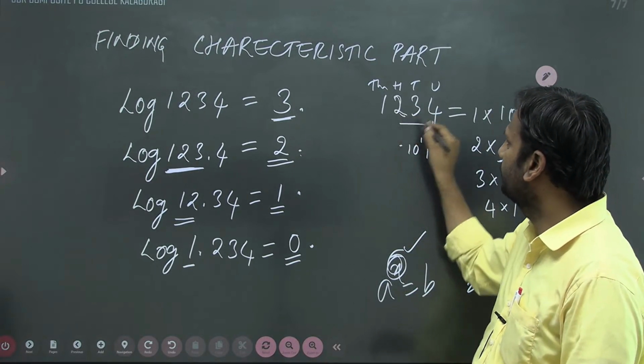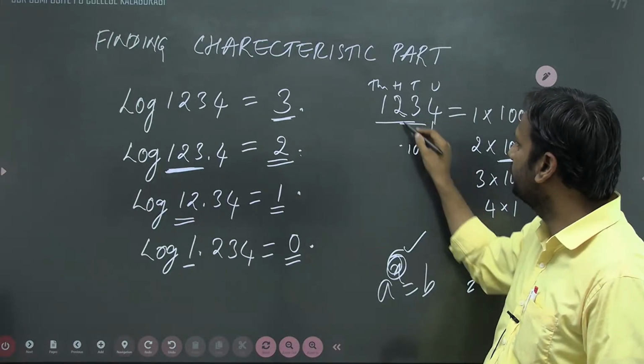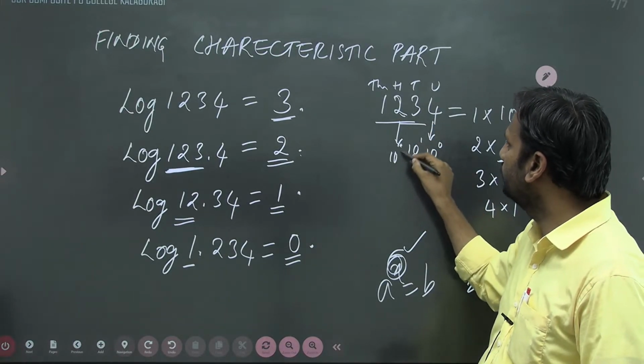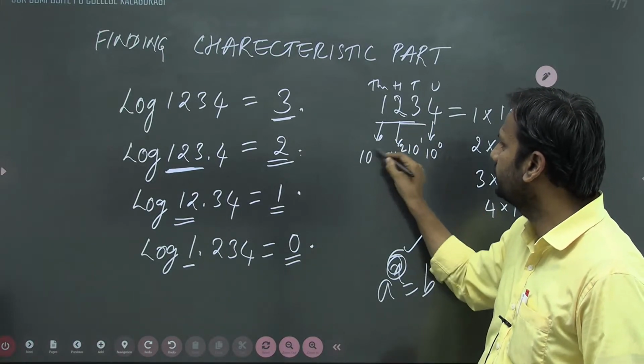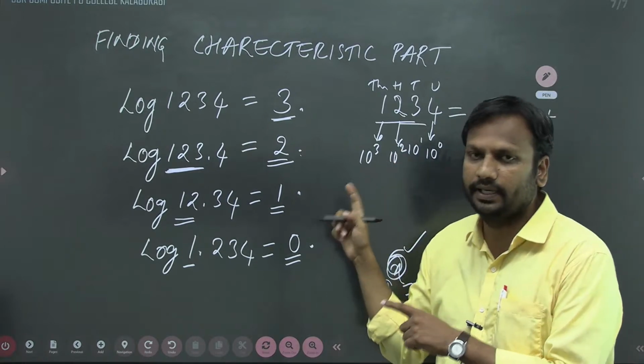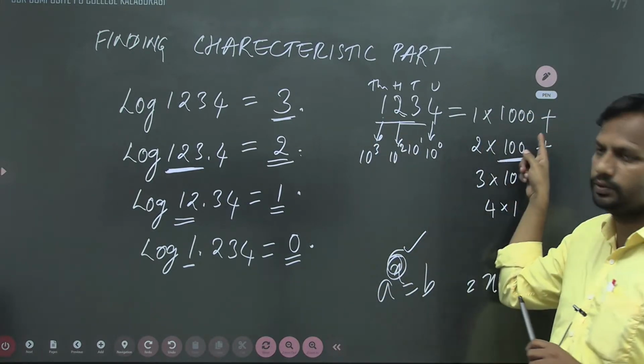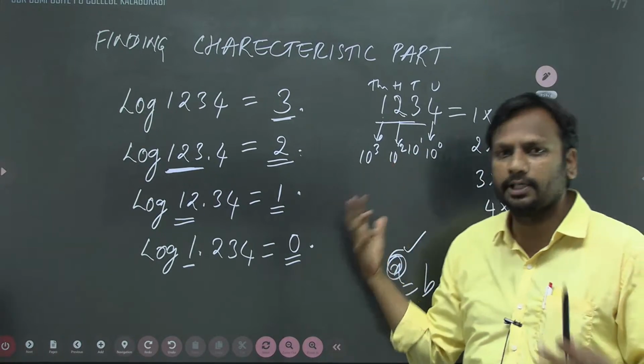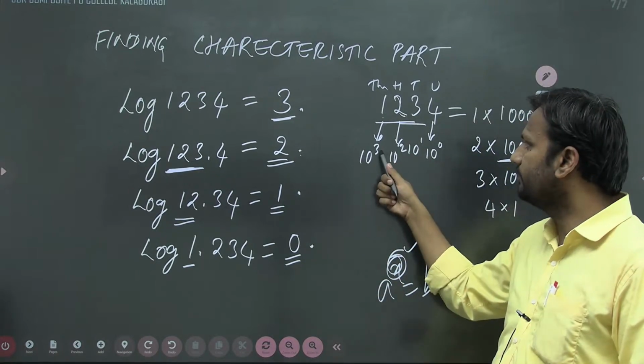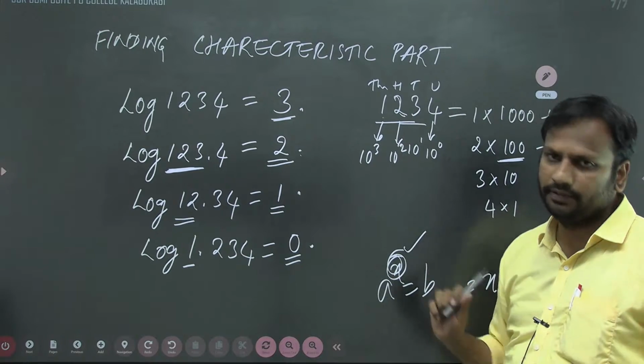Okay, no problem. So this is 10 raised to 0, 10 raised to 1, 10 raised to 2. What about this, students? It's 10 to the power 3, right? So 1 into 1000 you are writing, that is 10 raised to 3. You can express it. Here the base is 10, we are dealing with common logarithms, so the power itself is nothing but the log value, as we told in the definition.